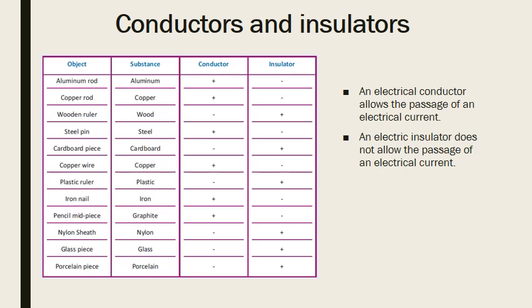For example, if we have wood and we want to see if the lamp will glow, the lamp will not glow because the wood is an electrical insulator, so it does not allow the passage of an electrical current.